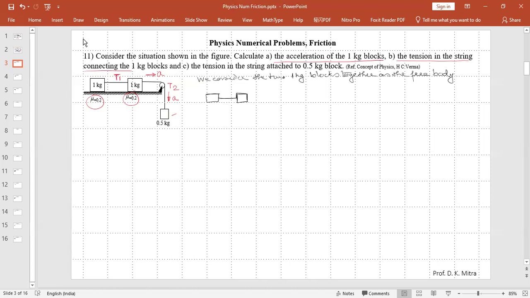Since we are considering both of them together as a free body, the tension in between does not matter at all.